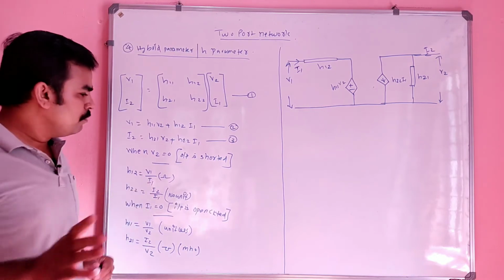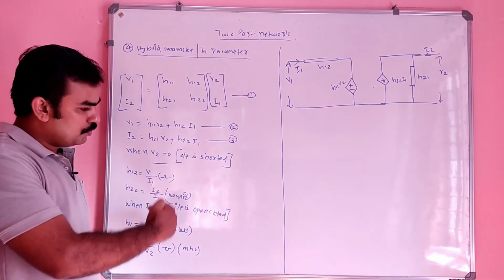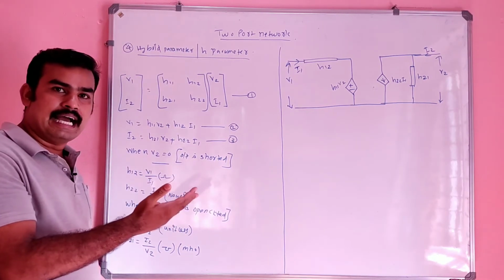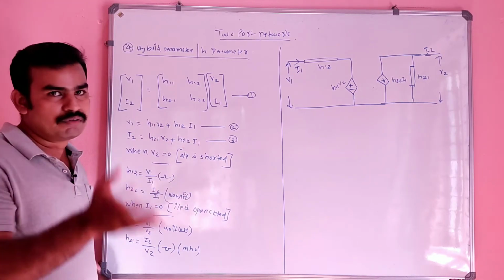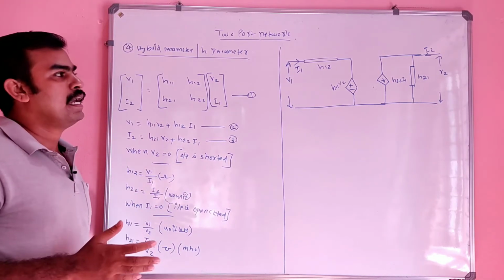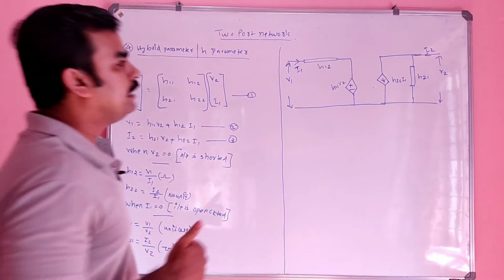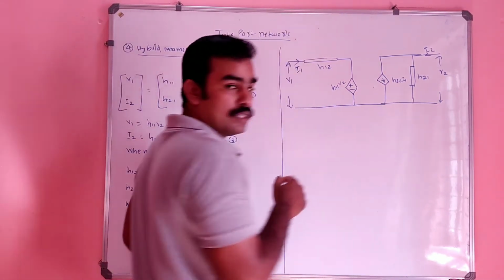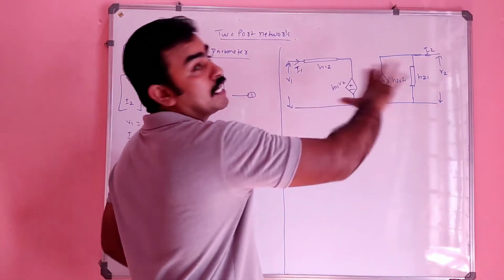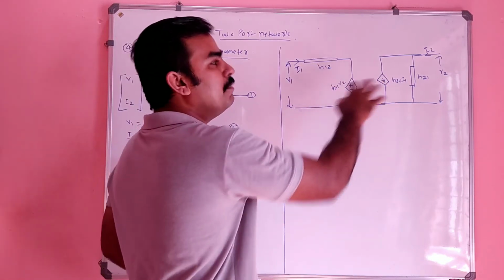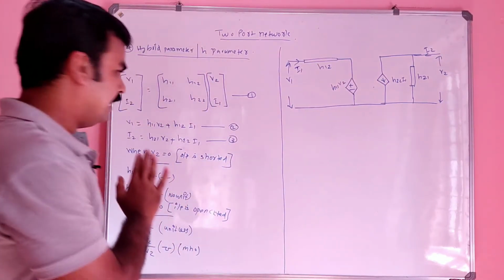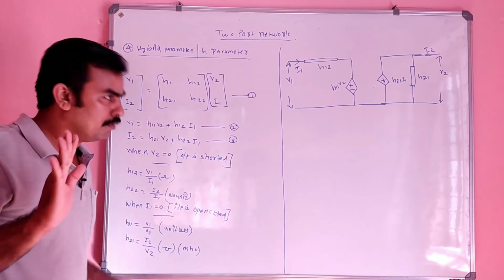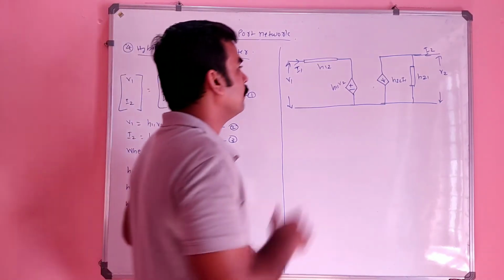Why the name hybrid? Because it contains some units and some unitless, some in ohm and some in mho, and it also contains independent sources. When you represent it in a real circuit, it gives independent sources. I will explain. It's slightly difficult, I know, but we will try to learn.